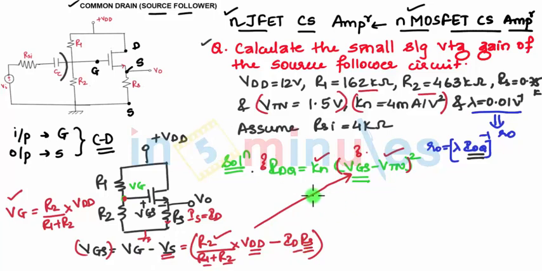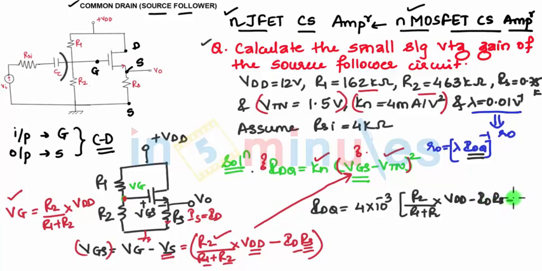Your equation will be IDQ equals Kn, given as 4 milliamperes, 4 into 10 raised to minus 3, times (R2 upon R1 plus R2 into VDD minus ID into RS minus VTN, which is given as 1.5) the whole square. When you solve, you will get the value of IDQ as 7.97 milliampere, and from this you can find VGSQ as 2.91 volts.